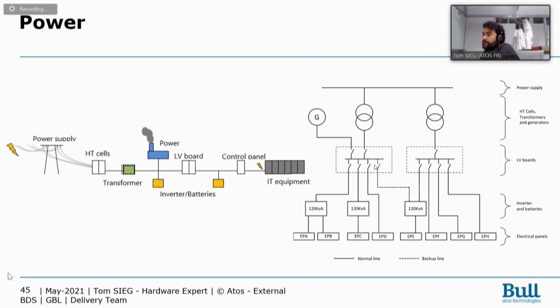And it can also maintain electricity during the time your generator powers on, because the generator in short case can take 20 to 30 seconds to start and to provide electricity. That is a minimum. So battery could be really useful.